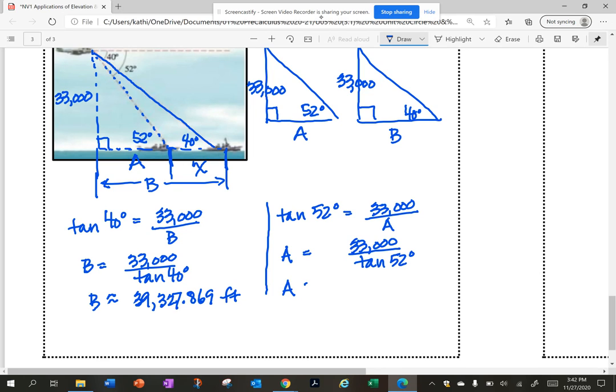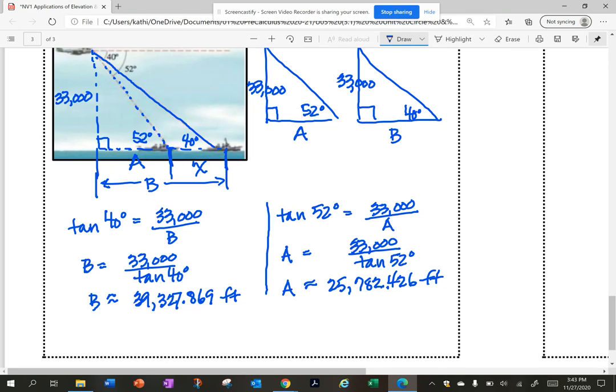So I get A is approximately 25,782.426 feet. Now, why is that important?